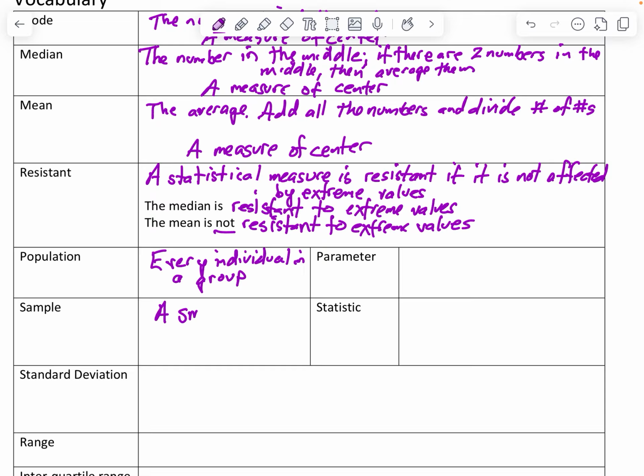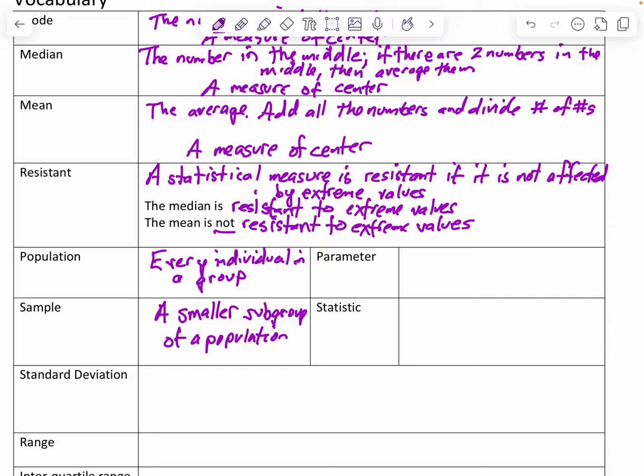A smaller subgroup of a population. So if we're choosing people out of the population, it's very evident, obvious that we're taking and choosing people. You call that a sample.